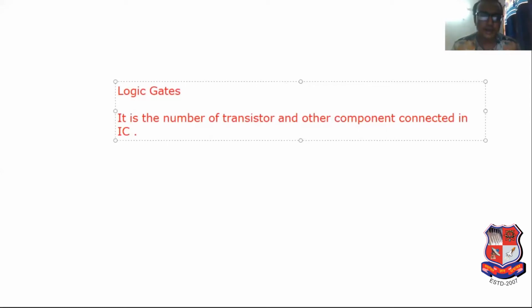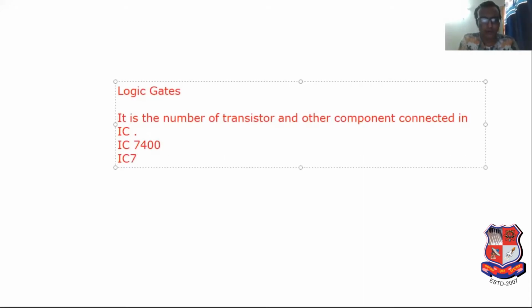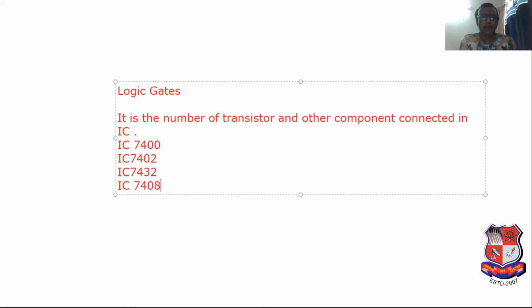It is known as integrated circuit, and there are types of integrated circuit: small scale integration, medium scale integration, large scale integration, very large scale integration. So it is the basic parameter of integrated circuit. Now, based on the IC, say IC 7400, IC 7402, IC 7432, IC 7408, these are different numbers which indicate different logic gates.